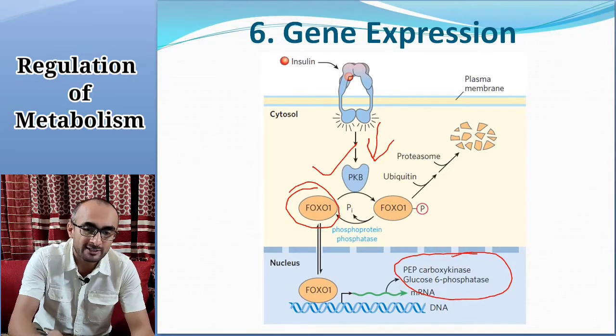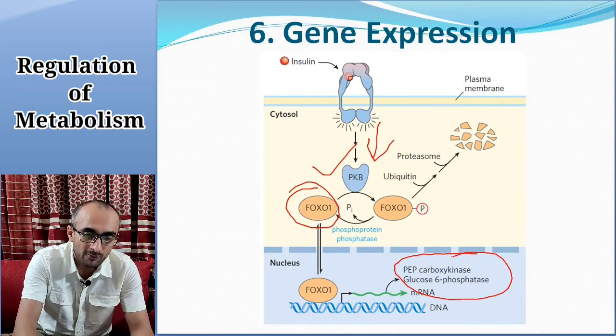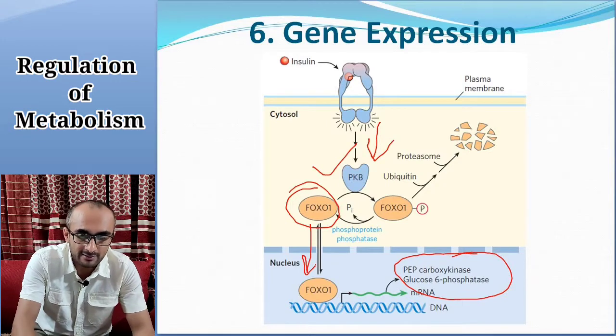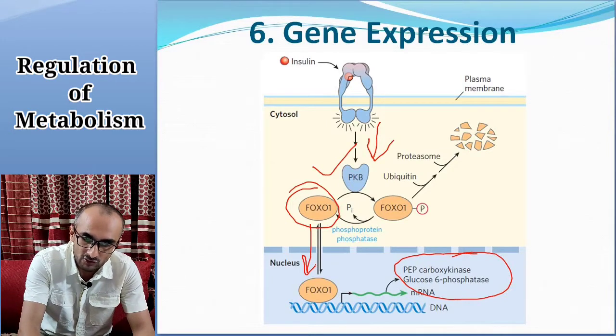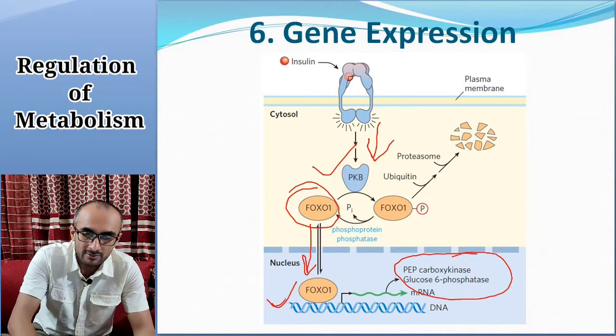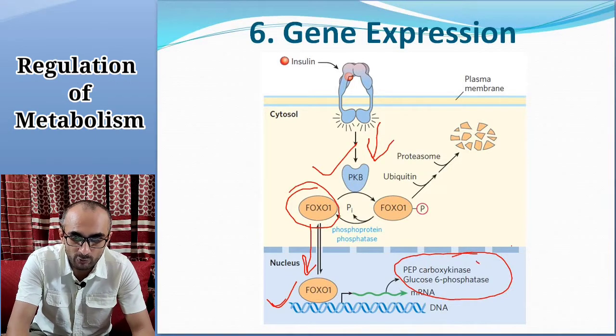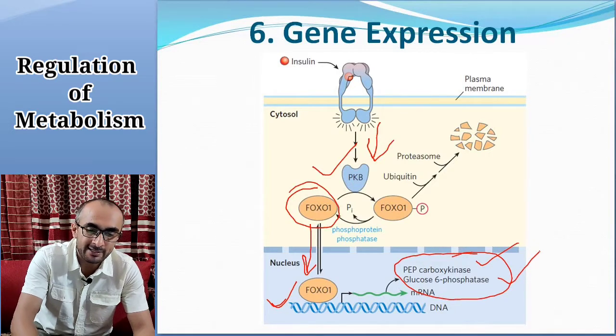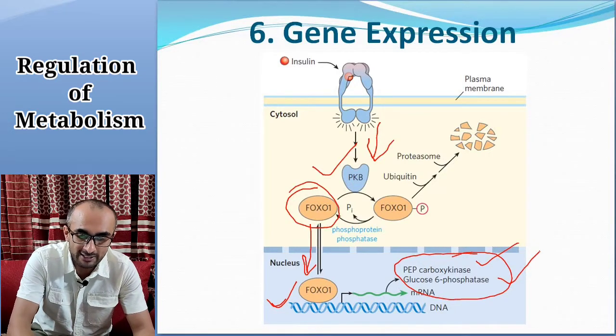So when FOXO1 is present in the cell in non-phosphorylated form, FOXO1 will enter the nucleus where transcription is occurring. It will bind to the target gene site, genes which code for PEP carboxykinase and glucose 6-phosphatase. And after binding to the region which controls expression of these two genes, it enhances expression of these two proteins.